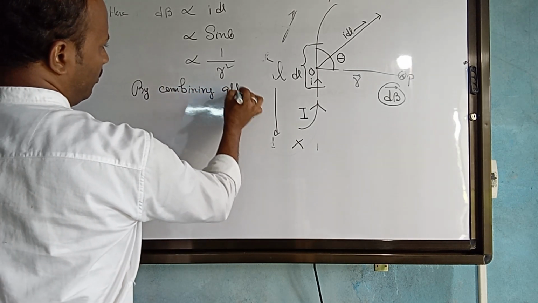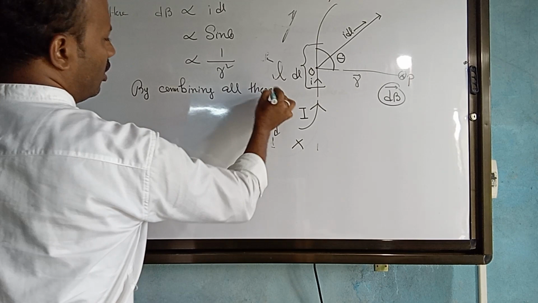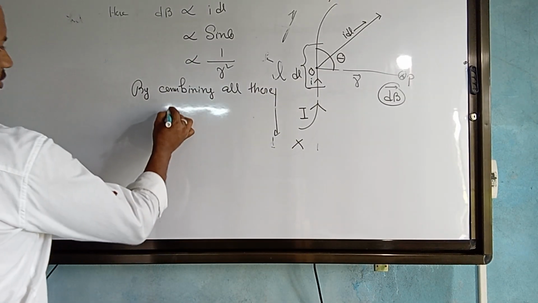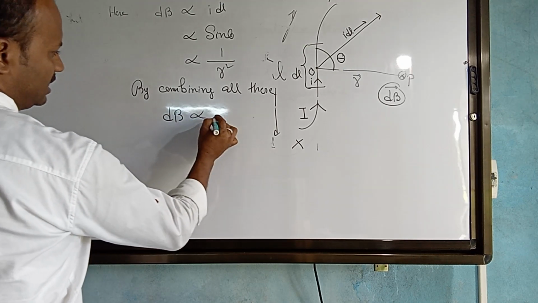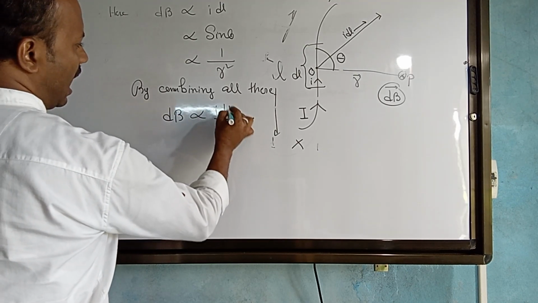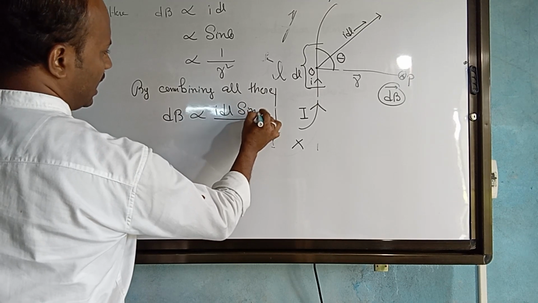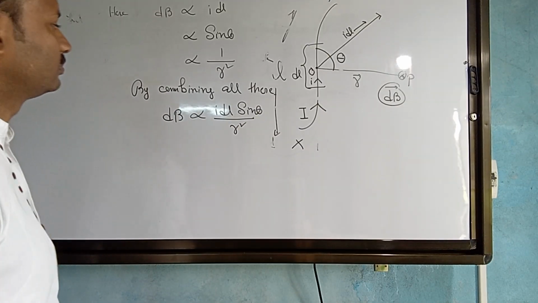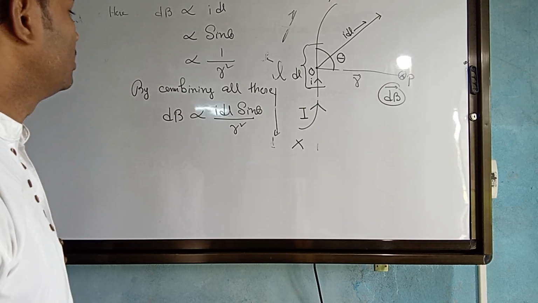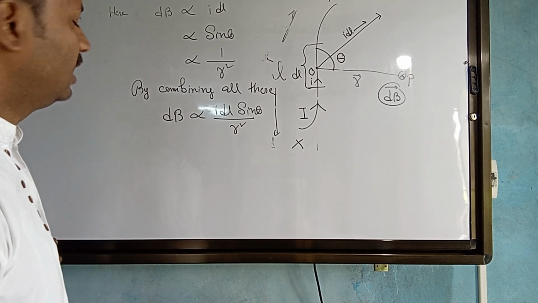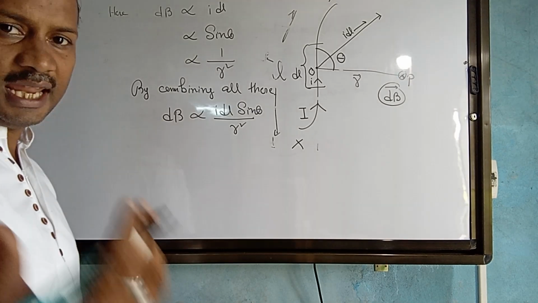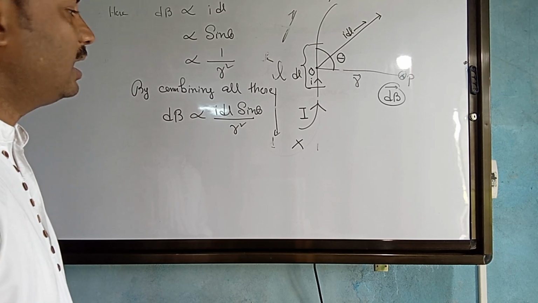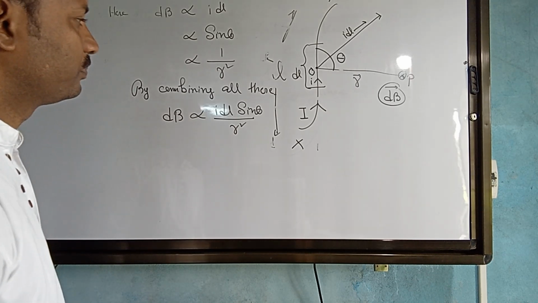Combining all this, we get that dB is directly proportional to I dl sin theta by r square.